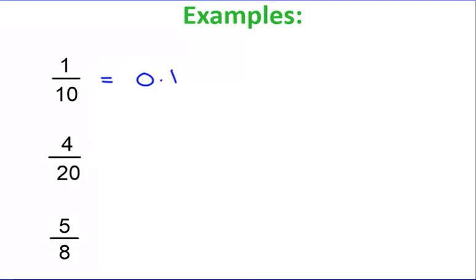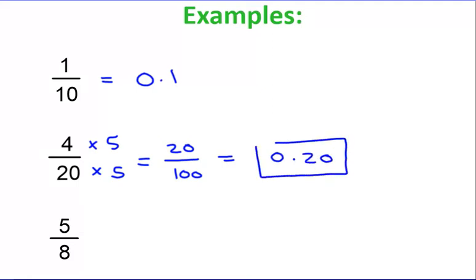So what we can do is we can multiply the bottom by 5, because 20 times 5 is 100. But if I multiply the bottom by 5, I have to multiply the top by 5. So 4 times 5 is 20. So that says 20 hundredths. So that's 0.20. And that's going to be the final answer.